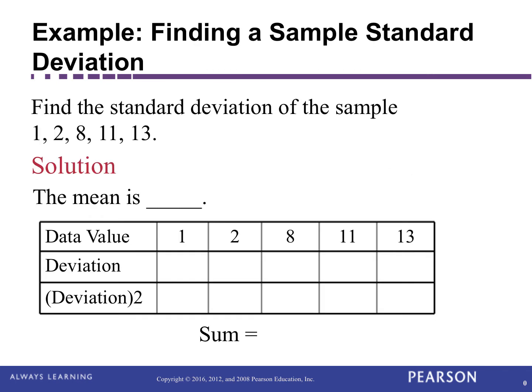Here, let's find the standard deviation of the sample 1, 2, 8, 11, and 13. Okay, so these were the 5 numbers. We added them up before and got 35, divided by 5 numbers is 7. So the mean is 7. Then we subtracted these to get the deviations.